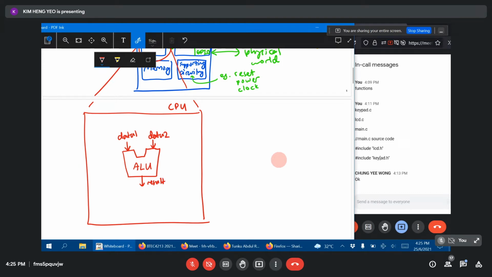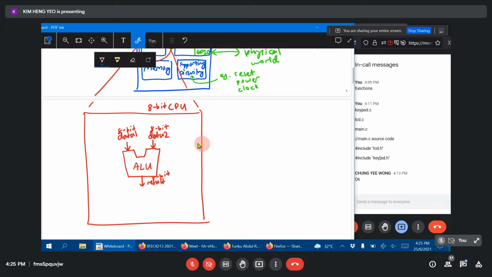So if you say that you have an 8-bit CPU, then basically you're operating on two pieces of 8-bit data and you produce an 8-bit result. So if you say you have a 16-bit CPU, it just means that you have a 16-bit ALU which can operate on two 16-bit numbers at one time and produce a 16-bit result.